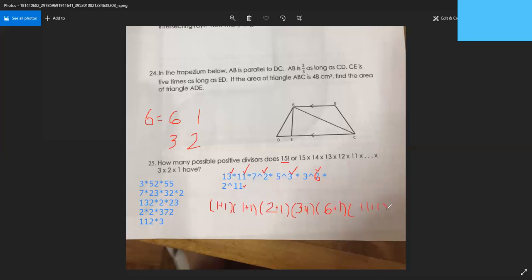So what will happen now? This would be 2 times 2 times 3 times 4 times 7 times 12. And then you will simply multiply these numbers. That's how we count the number of divisors. So that is 2 times 2 times 3 times 4 times 7 times 12, and we will get 4,032. That's it.